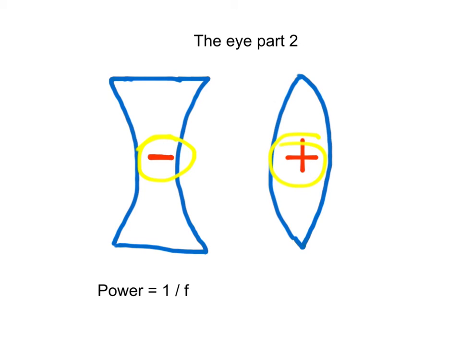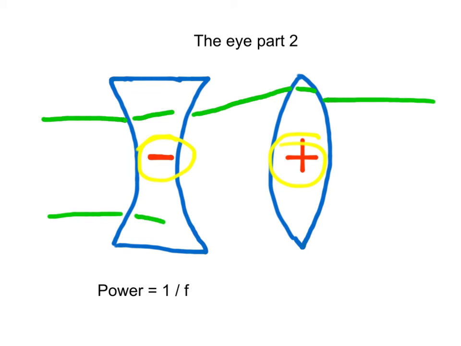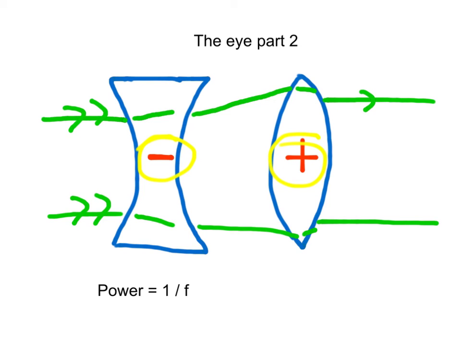So light will come in here, for example, bend away and diverge, and then converge the same amount, and the net effect, I haven't drawn that very well, but the net effect will be 0. These light rays here will be parallel to these light rays here, if this value and this value are exactly the same magnitude but opposite.